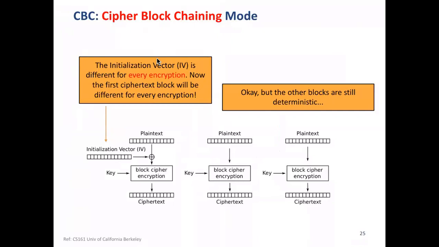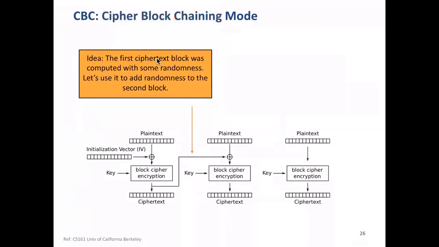So what we can do is take the output from here, because now this is non-deterministic. We have added some randomness here, so this output also has some randomness, and then we can give it as an input to the second block. So take the second block here, and exclusive OR with the output of this.